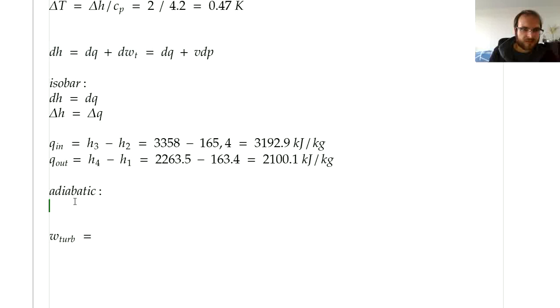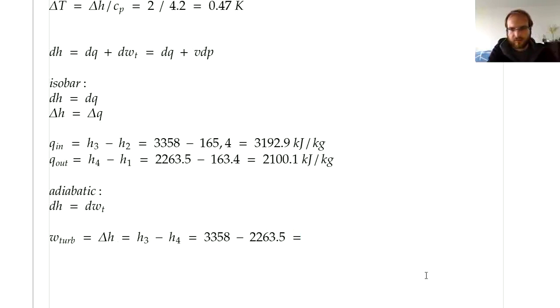So the equation shrinks to just dH equals change of the technical work, and then work of the turbine is again difference in enthalpies, delta H, and it will be enthalpy at the turbine inlet, enthalpy 3, minus enthalpy at the turbine outlet, enthalpy 4, which is 3358 minus 2263.5.